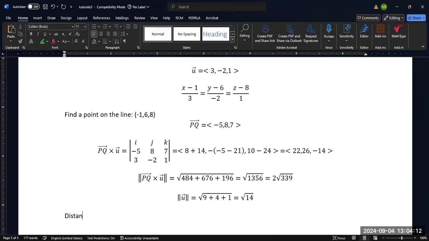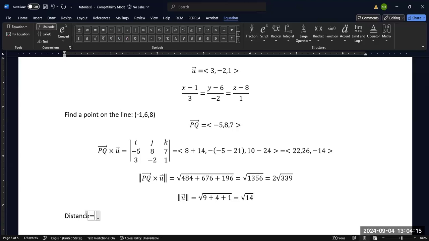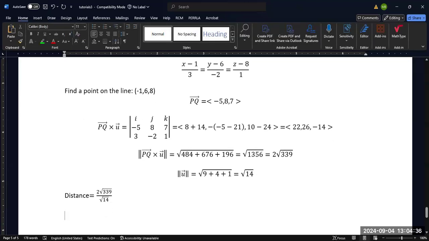And so the distance is going to be 2 times the square root of 339 divided by the square root of 14. Now, it's possible that you could check to see if 339 divides by any factors of 14, but 339 does not divide by 7, so you really can't simplify this very much past this.